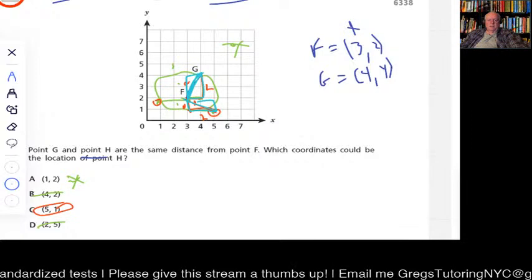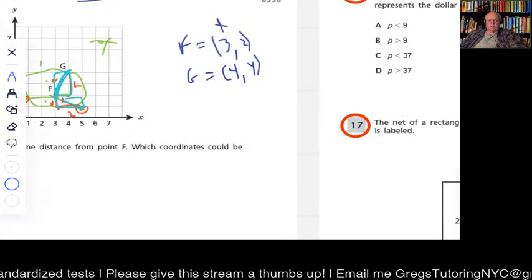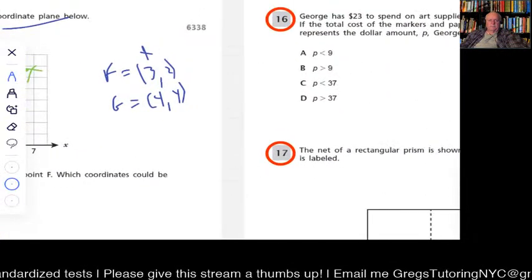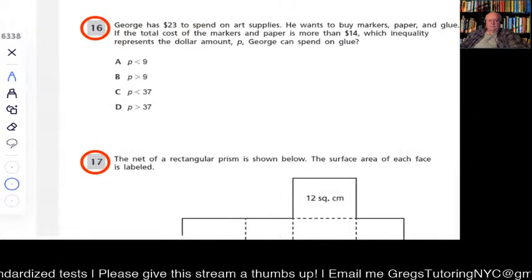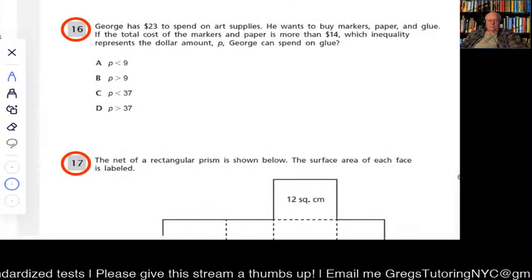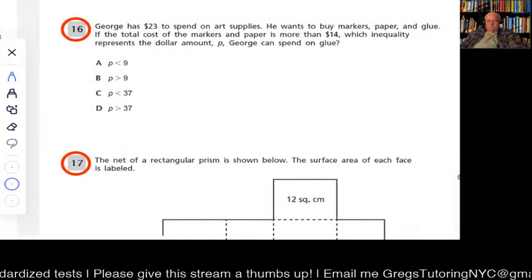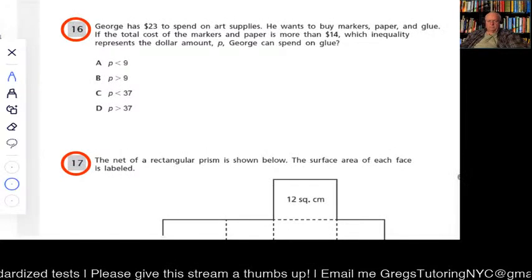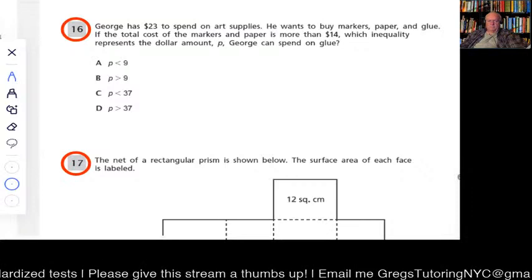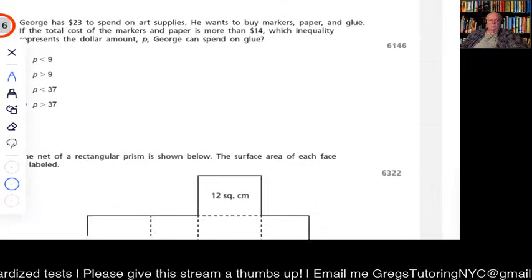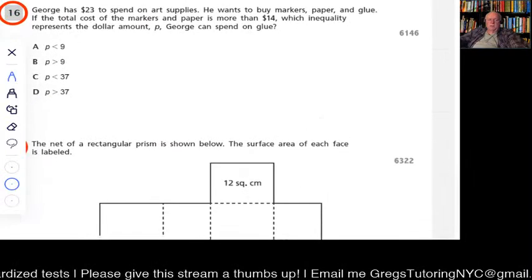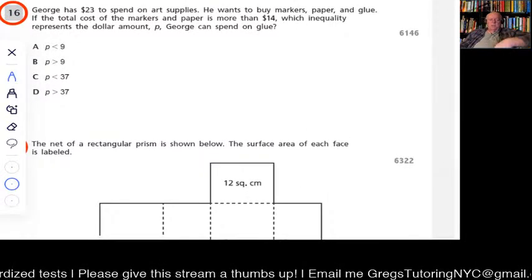And again, the next page might be the last we do. Let's see. Okay, there's no illustration on this one.